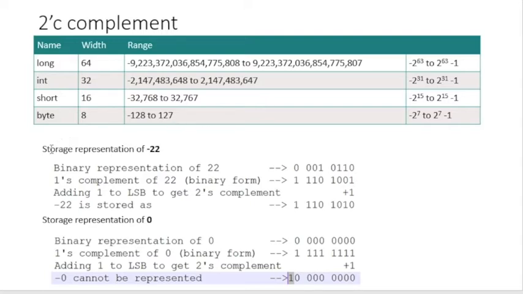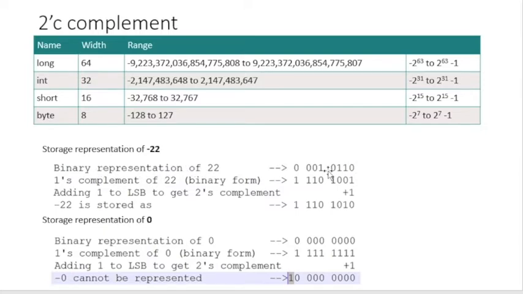Okay, so let's try to understand what the 2's complement of 22 would be, then we'll understand 2's complement. This is how it is stored: the storage representation of minus 22.